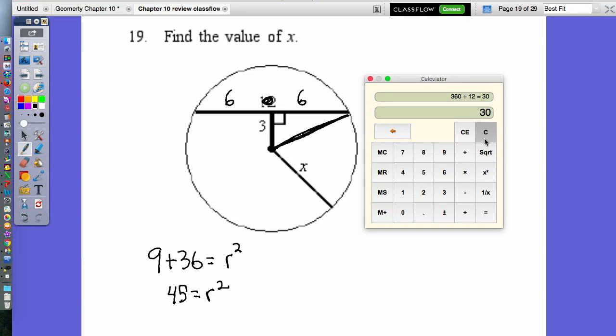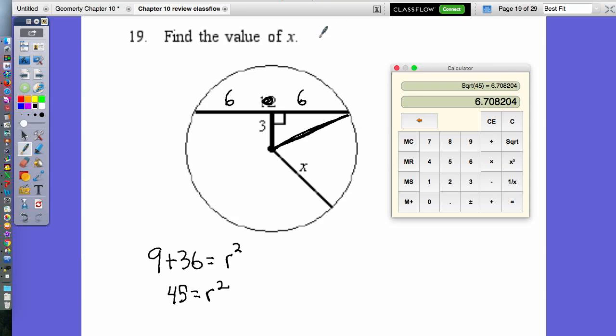If I want the square root of 45, it's 6.7 if I ask for this rounded to the nearest tenth. And I think that's the way in the answer key, but I think I'm going to say in simplest radical form on the test, because I want you to practice that.